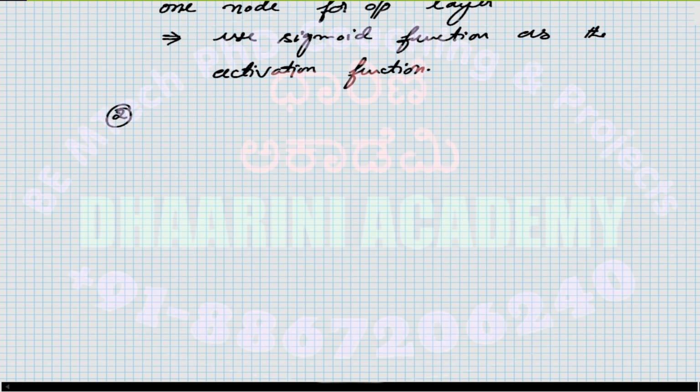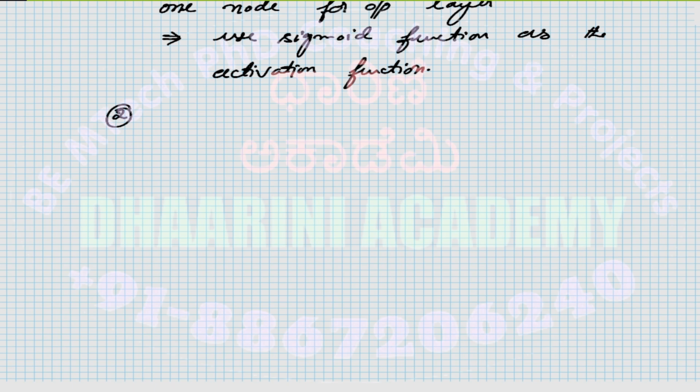Then let's go to step number two. You need to switch the class titles of the training data into numbers using the maximum and the minimum possible values of the sigmoid function.